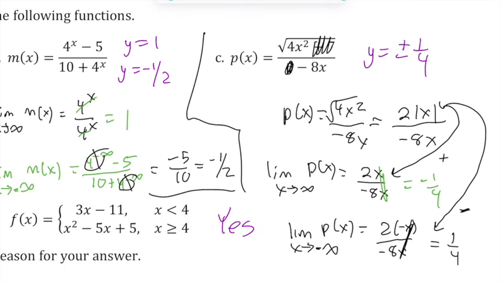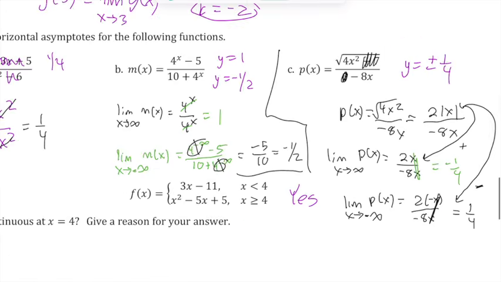So there's my 2 horizontal asymptotes, 1/4 and negative 1/4. And again, the reason why with this negative infinity, think of negative 10. If I plug in negative 10 here and here, this will be positive, and this will be positive. So we're going to get 2 times a positive number, and then negative 8 times negative 10. So the whole thing is positive.